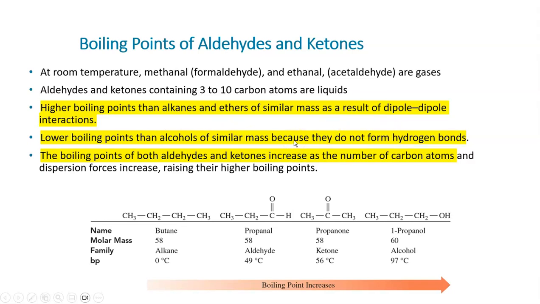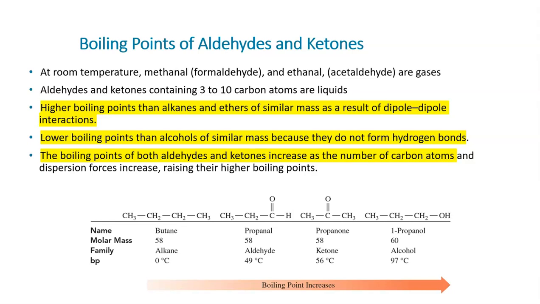Now, when we consider the aldehydes and ketones boiling points, those boiling points are increasing as the number of carbon atoms increases. What is the reason? As the number of carbon atoms increases, the carbon chain becomes longer, right? A longer carbon chain means there are more electrons to make the dispersion forces.